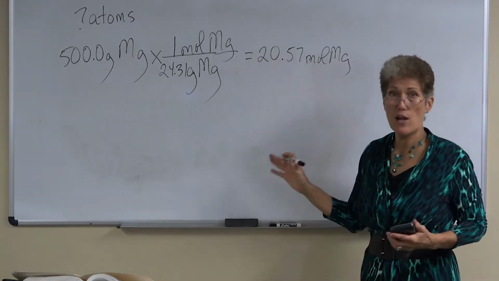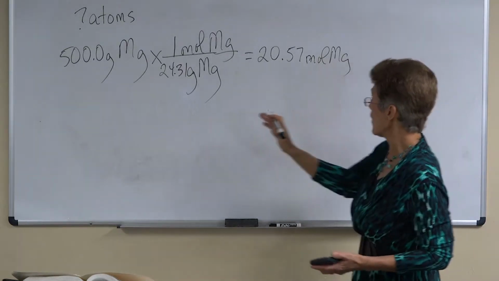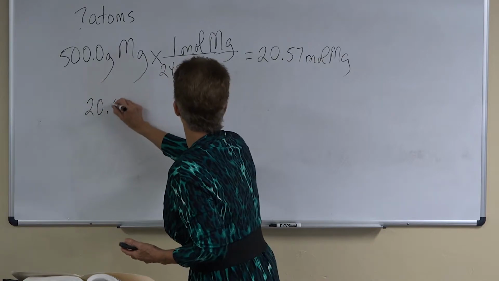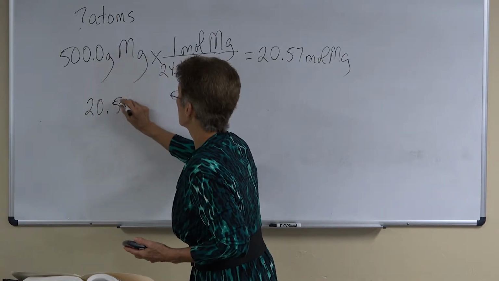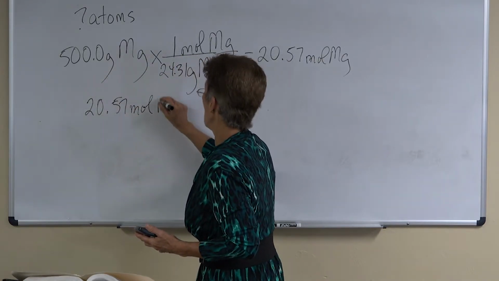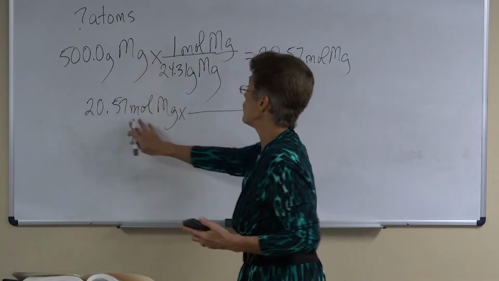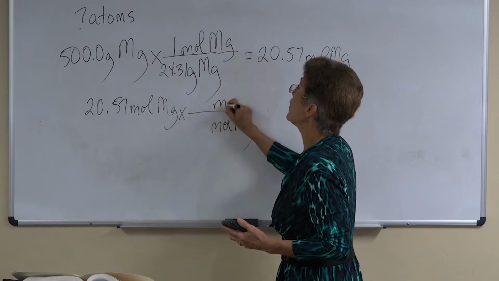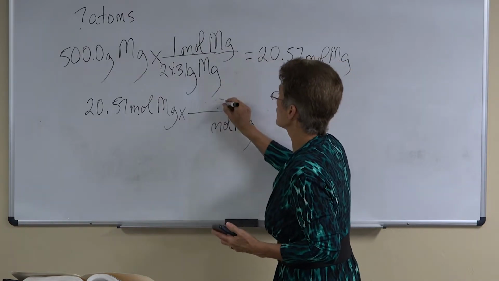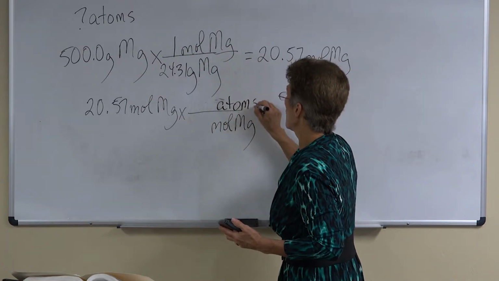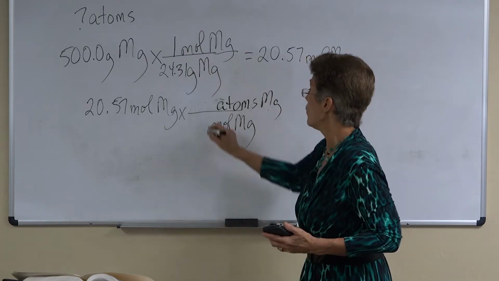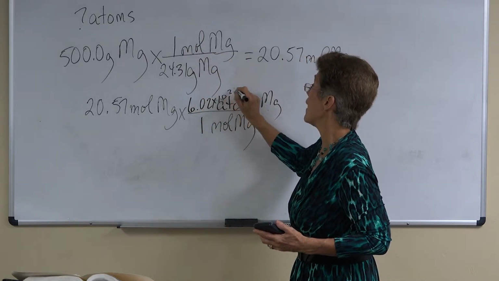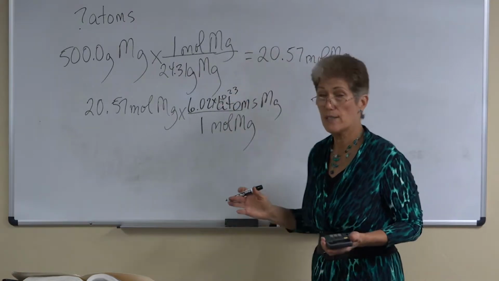Now from that we can figure out how many atoms, can't we? I'm going to rewrite it over here so I have room. 20.57 moles of magnesium times line. Whatever's here always goes down here. And now we want to get to atoms, not molecules, I'm sorry. Atoms of magnesium. Well, we know in 1 mole we have memorized 6.02 times 10 to the 23rd atoms or molecules, depending on what you're dealing with.